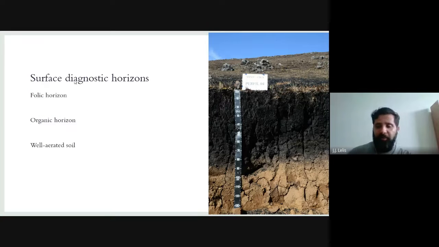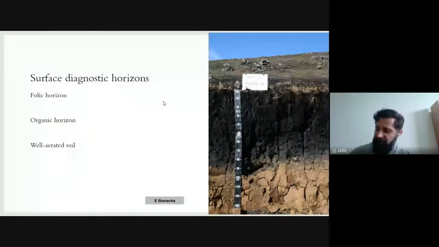The folic horizon is an organic horizon found in cool areas or dry areas, or areas where we can't find any evidence of fluidation, of water table influence or tidal water influence. So they are formed in well-aerated soils.